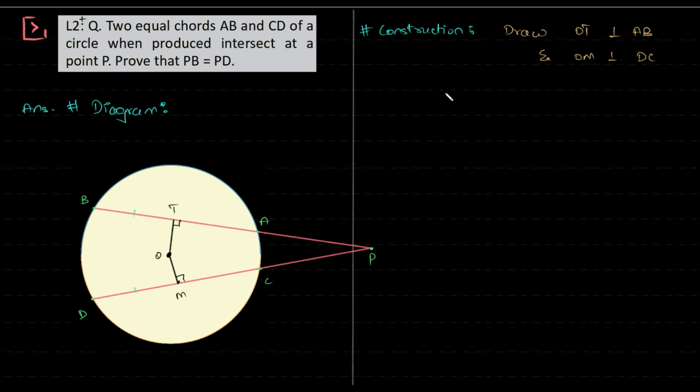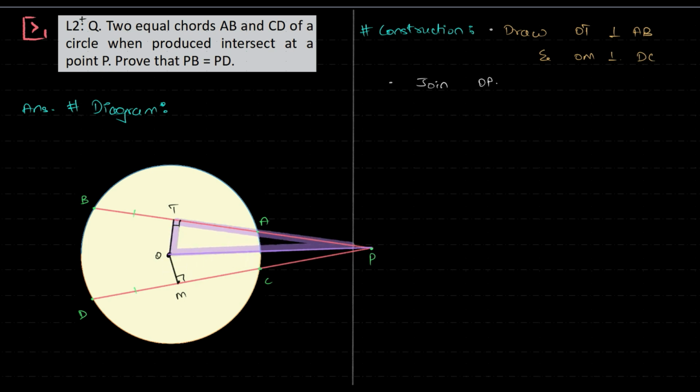Okay, what next? Yes, next clue is join OP. So this is our line OP. So that's your clue. Now you guys figure out, it's quite simple. Yes, it is to do with similarity.